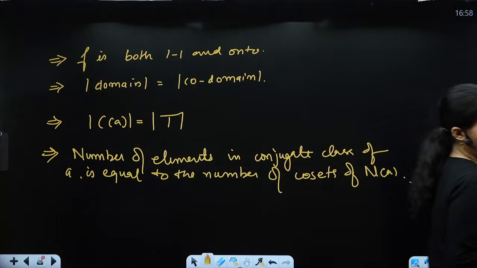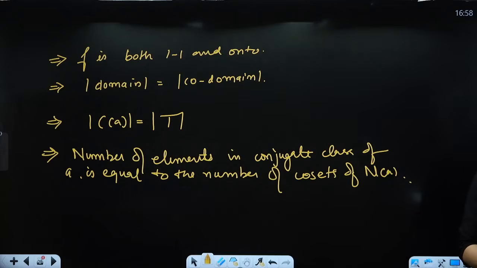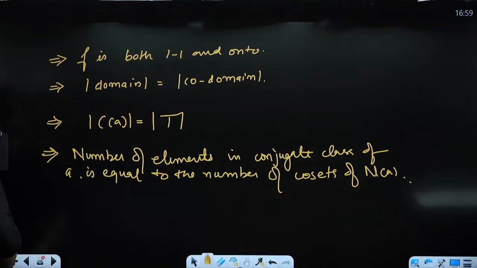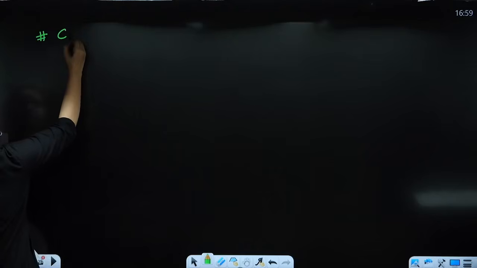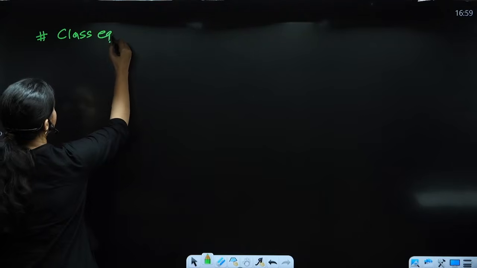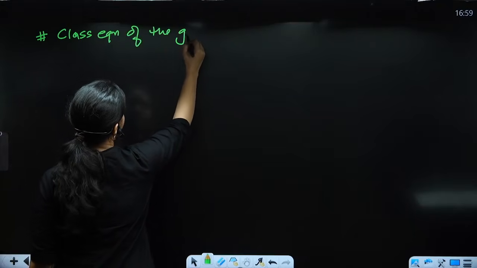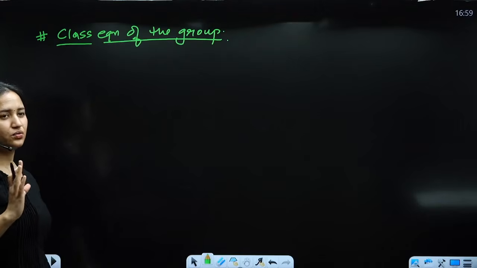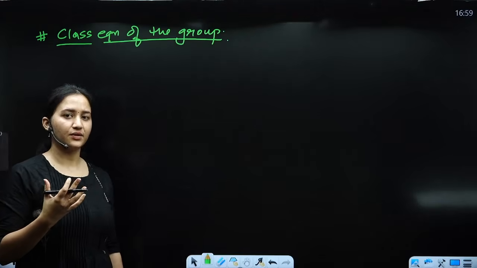Okay? Now one more important, not exactly I would say a theorem, but an implication of this theorem is there, right? Let's write that. Okay, this gives you the class equation of the group. Basically, I'll give you a very rough idea as to what the class equation of a group is.